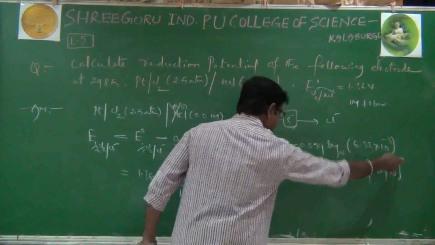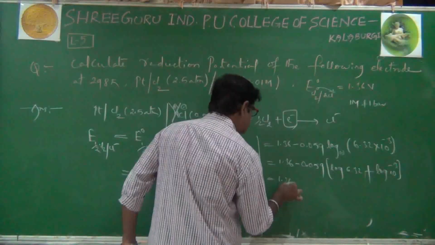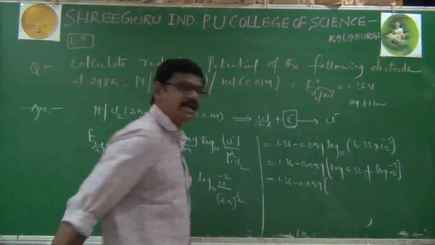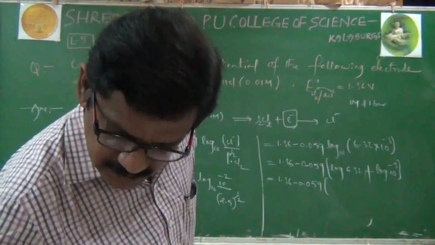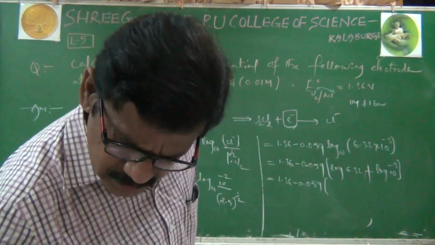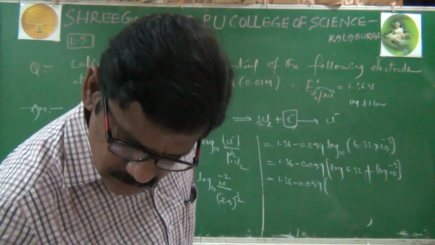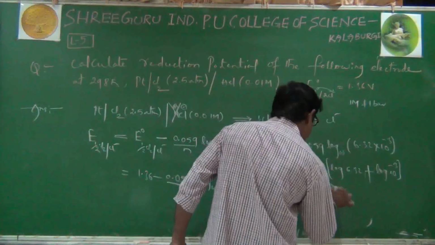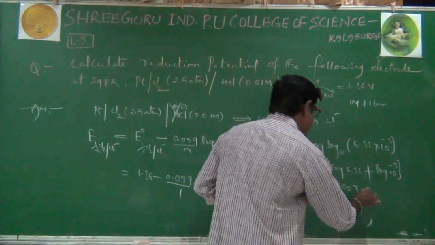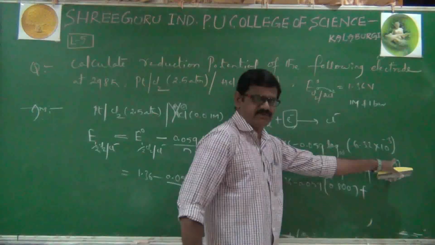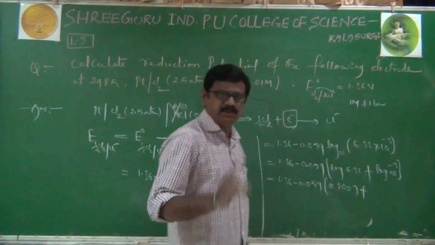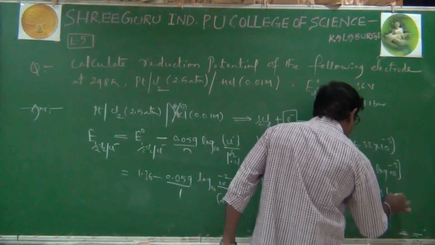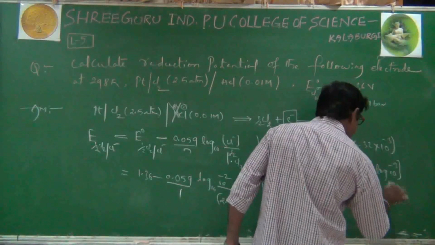So 1.36 minus 0.059 times, log 6.32 value is 0.8007, plus log of m to the power of n, which is n log m. The n value is minus 3, and the log m value is log 10, of course base 10.